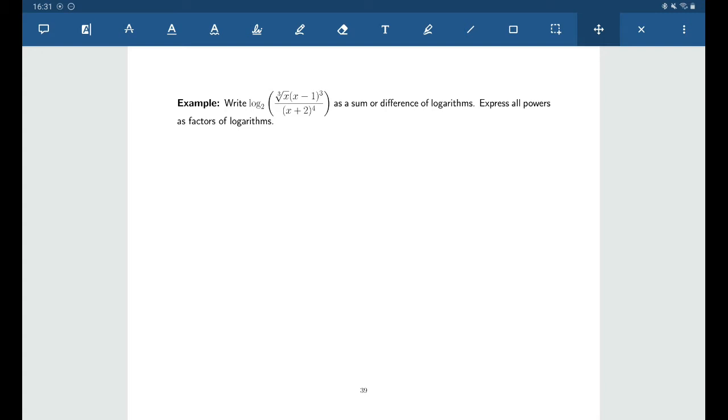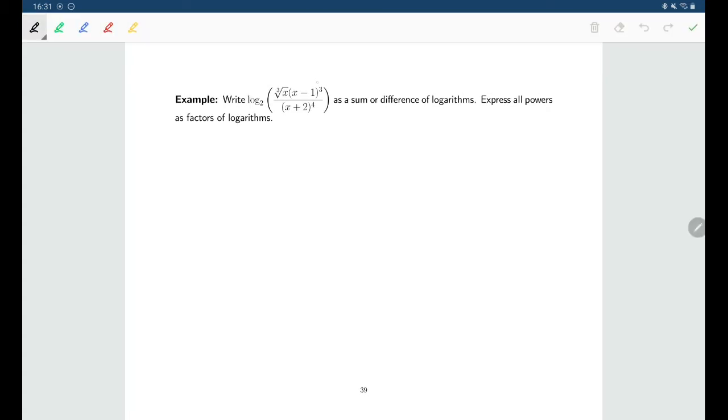So first off, I have here log base 2 of a numerator over a denominator, and so I know right away I can split this into one log minus another log, log base 2 of the numerator minus log base 2 of the denominator.